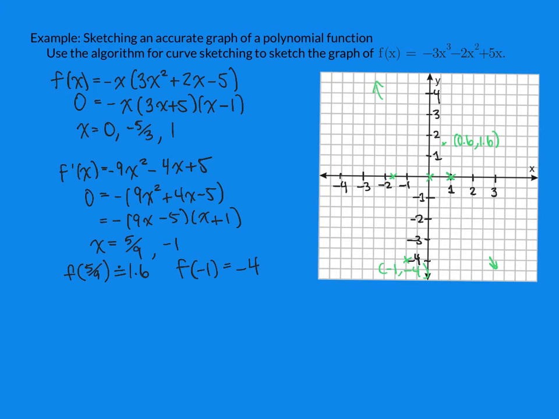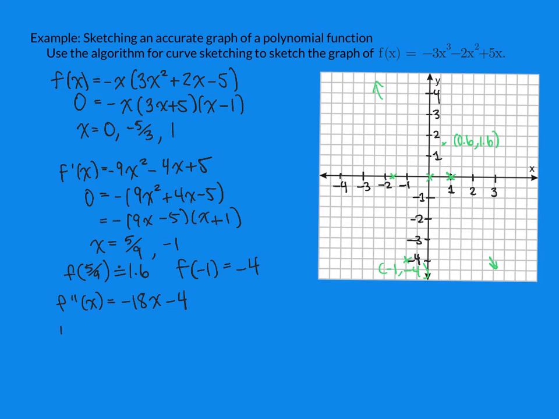Now we're going to consider the second derivative. So again, this is part of our algorithm. We start with f of x and we work our way towards the second derivative. And here we get that that will be a line. And of course, with our second derivative, we can use these values to double check and determine for sure that these are the local mins and maxes that we got before.